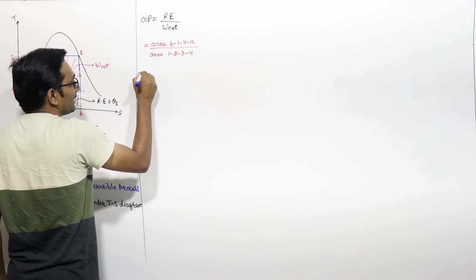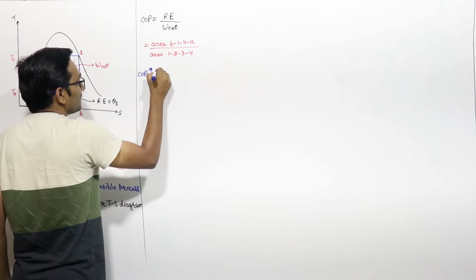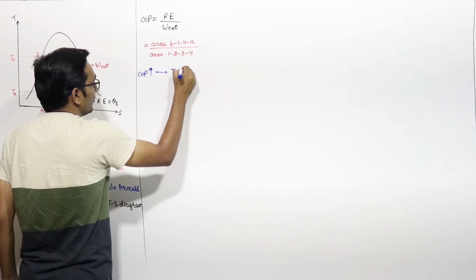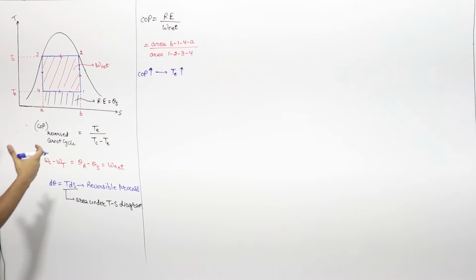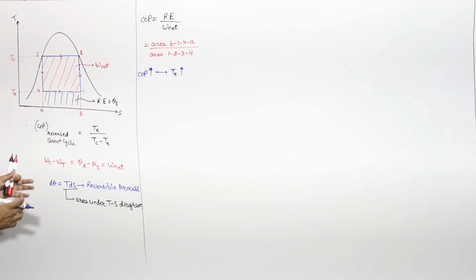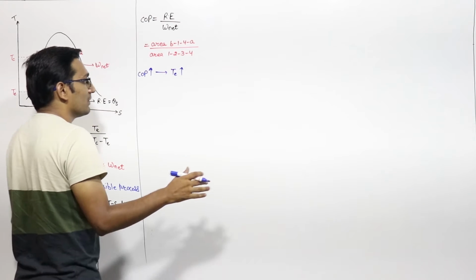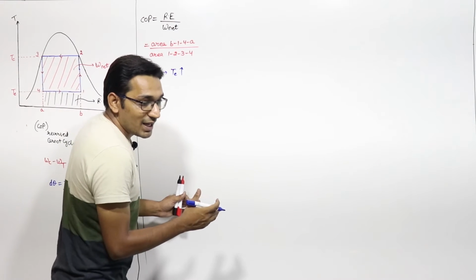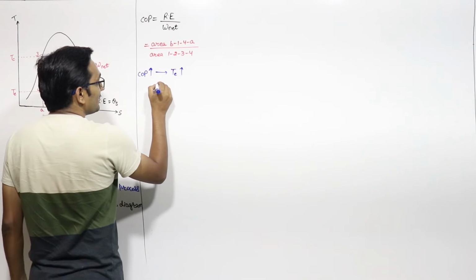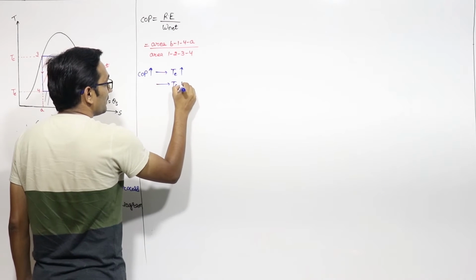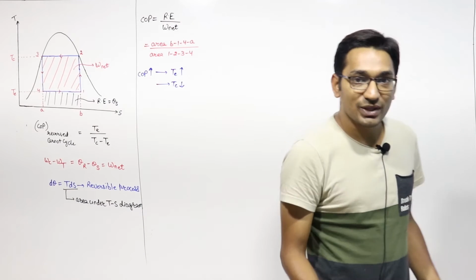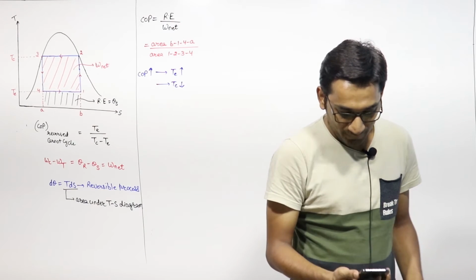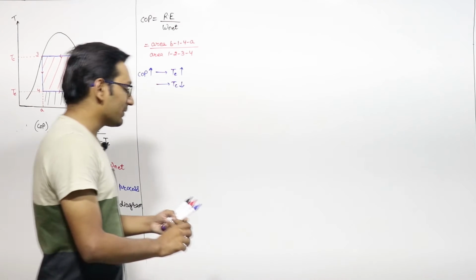So if I write here that COP will increase if you increase the evaporation temperature while making the condenser temperature constant, or you can say that it will increase by decreasing the condenser temperature. If condenser temperature is decreasing, then the COP of the Carnot cycle will increase, right? Now let us see that.